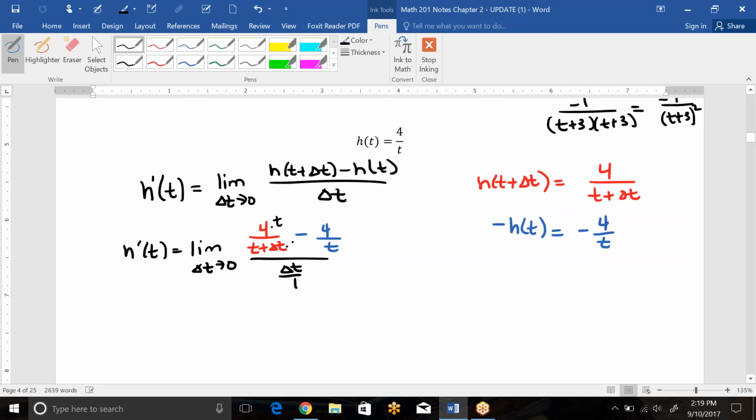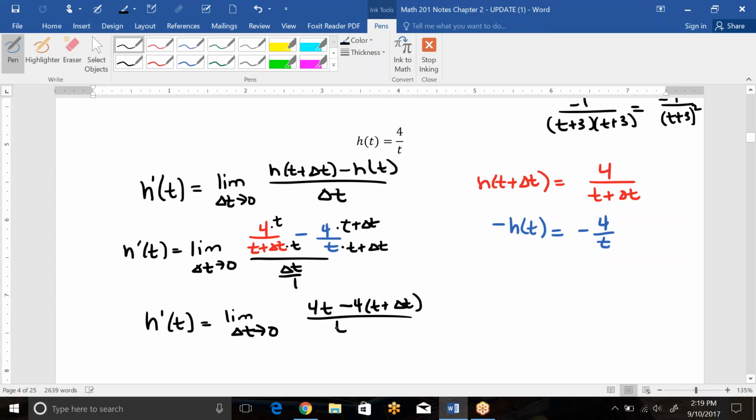This fraction needs the t, this fraction needs the t plus delta t. So my new top is, we have 4t and then minus 4 times t plus delta t, so we'll work that out in a minute, all over t times t plus delta t, all over delta t over 1.